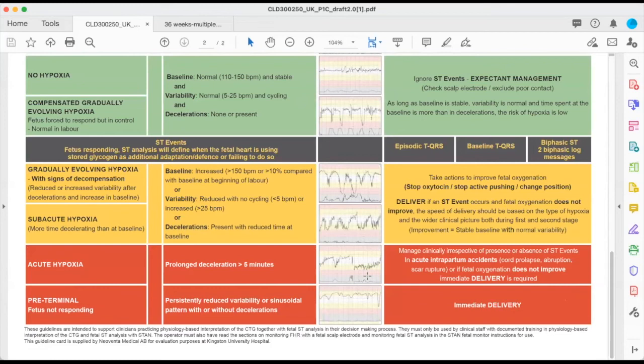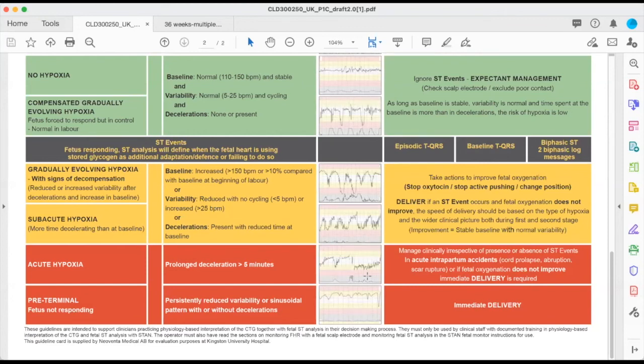I really don't care about STAN anymore. We've literally just crossed over from the compensation phase to this baby's dying phase. If the baby's dying, it's not going to have enough time or energy to produce glycogen or break it down. The brain will suddenly go into ischemia and the heart will pump as far as it can go and then stop, which is why in acute hypoxia we're not waiting for STAN to alarm.